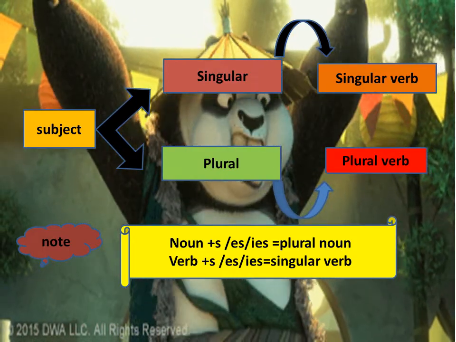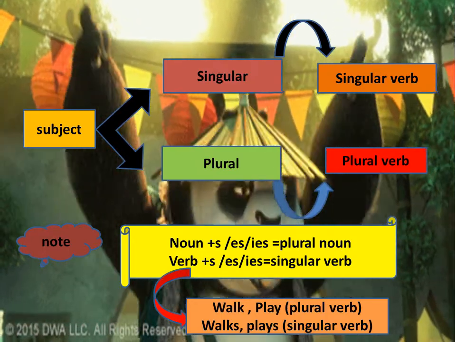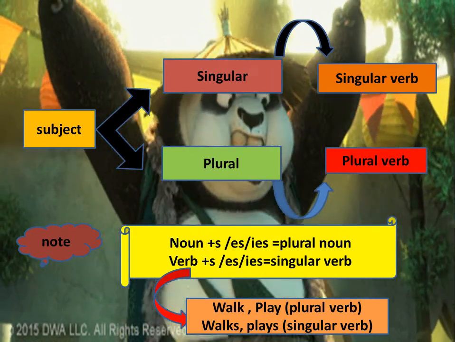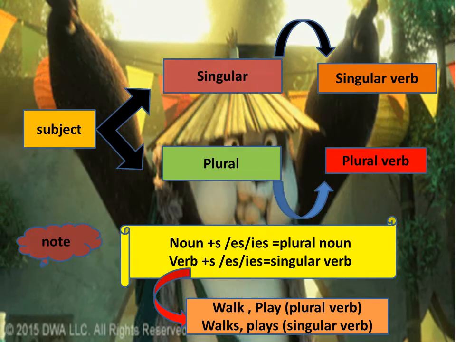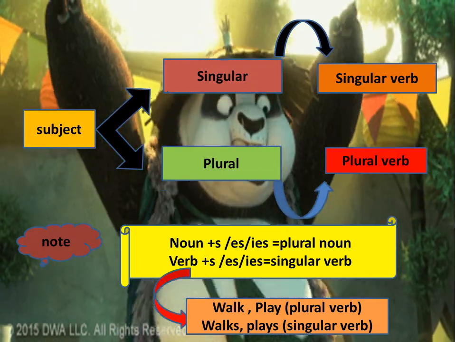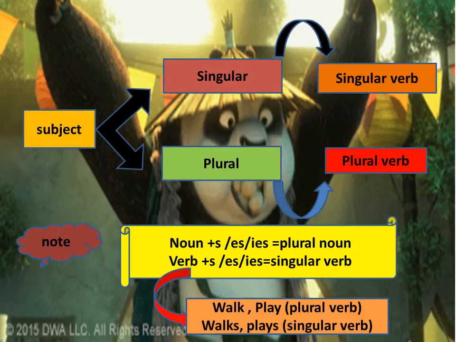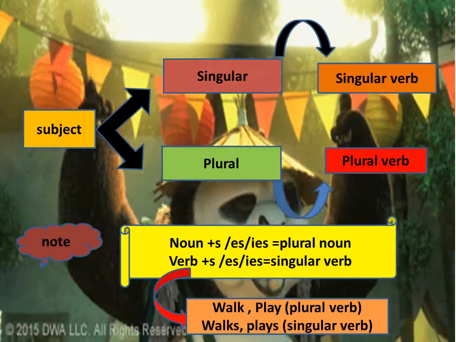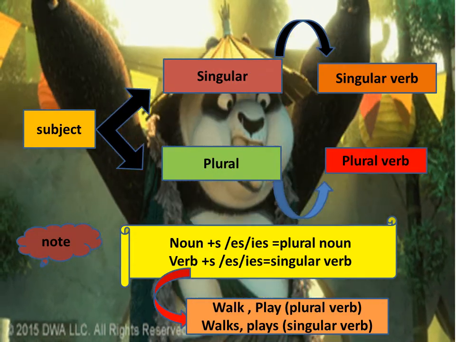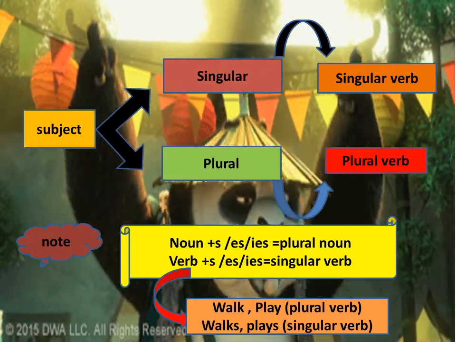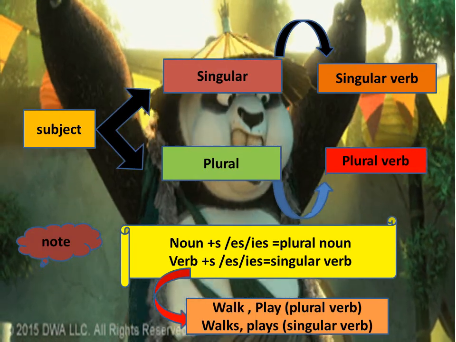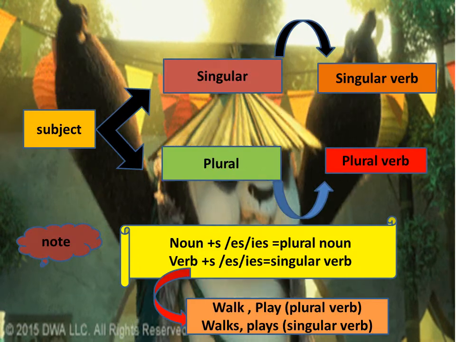For example, walk is a plural verb, but walks, when you add s to it, becomes singular verb. Play is a plural verb, and when you add s to play, it becomes a singular verb. This is what the whole chapter is about, that with a singular subject we have to use singular verb, with a plural subject we have to use plural verb. Now let us move forward.